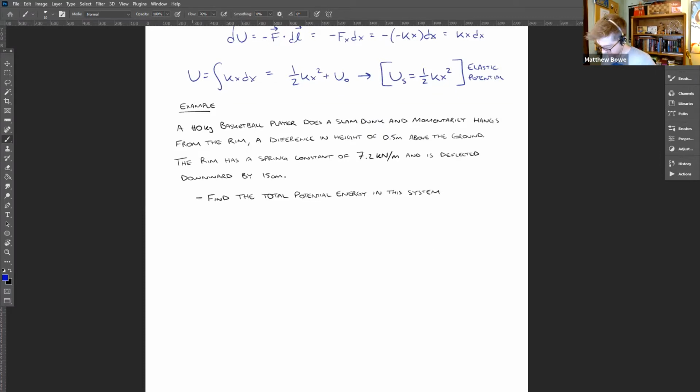The basketball player is 110 kilograms. First, let's start out by saying that total potential energy is equal to whatever change is happening with gravitational potential energy and elastic potential energy.